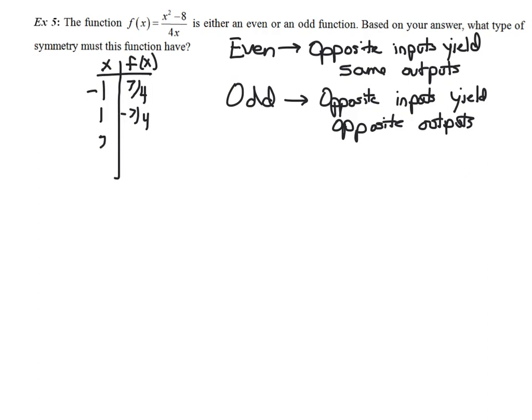What if I try the number -2? -2 squared minus 8, that's giving me -4. -4 over -8 is positive 1/2. When I substitute a +2 in for x, I'm getting -4 over +8, or -1/2.